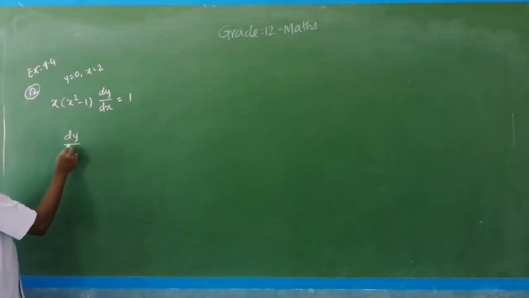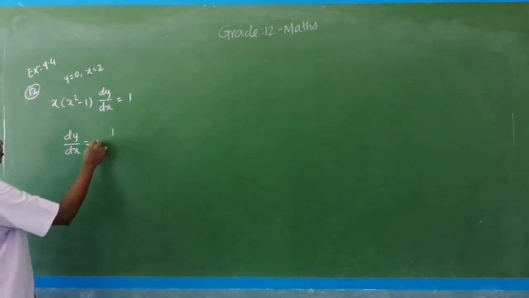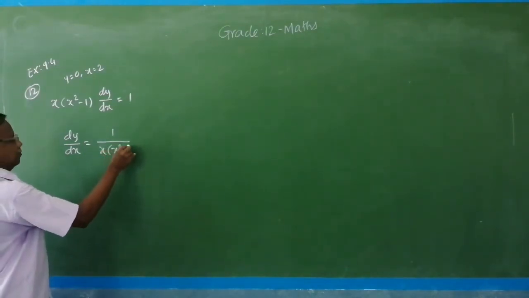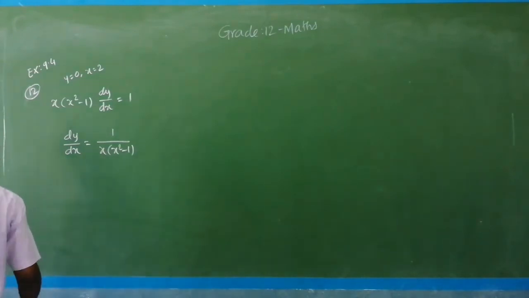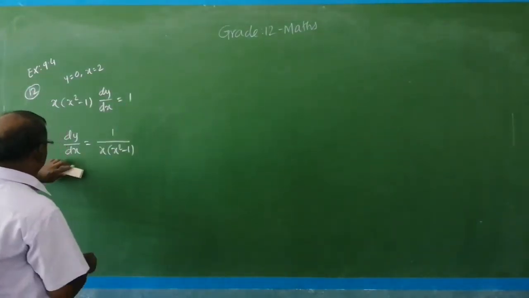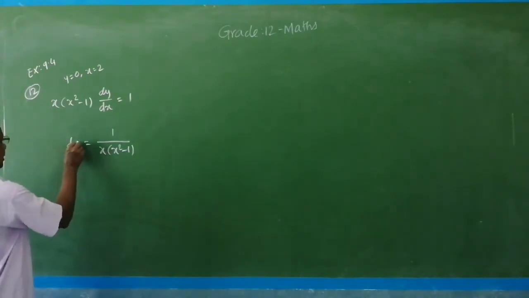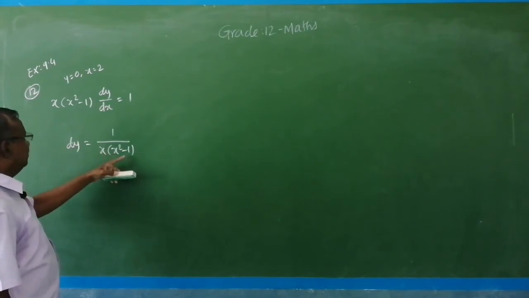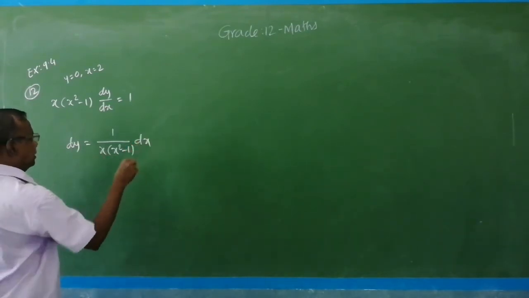That is dy by dx equal to 1 by x into x square minus 1. Bring the dx to the right side. So, the equation can be written as dy equal to 1 by x into x square minus 1 into dx.